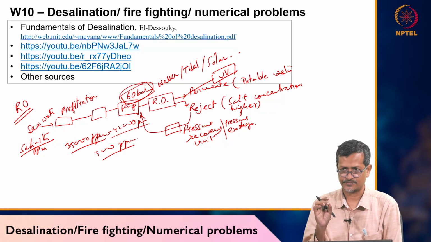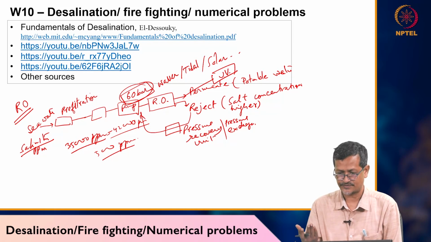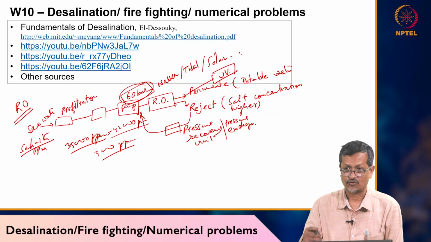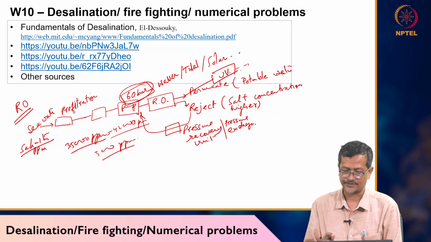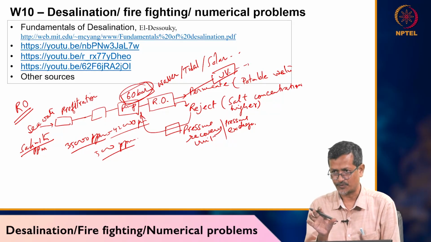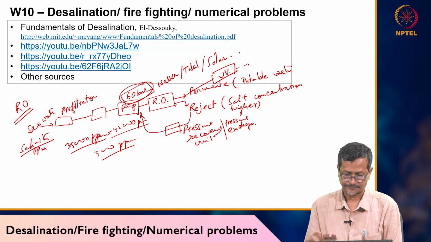Ultraviolet rays falling on viruses or bacteria disinfect the water, and the bacteria are killed. There will be a charcoal filter to remove odors, and many other filters. But the major parts are the pump and the RO module, and major energy will be consumed by the pump.